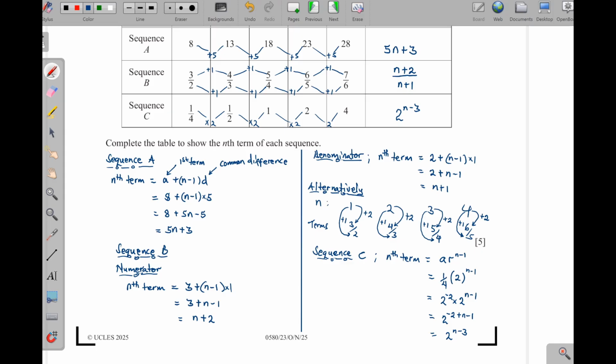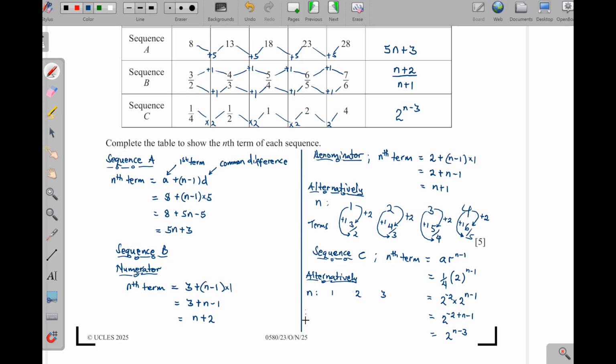But there is an alternative approach. When you look at these terms here, they are powers of 2. So let me also put it here. Alternatively, you can have the positions are n. So we have 1, 2, 3. Let me just use the first 3 terms, okay? 1, 2, and then 3.